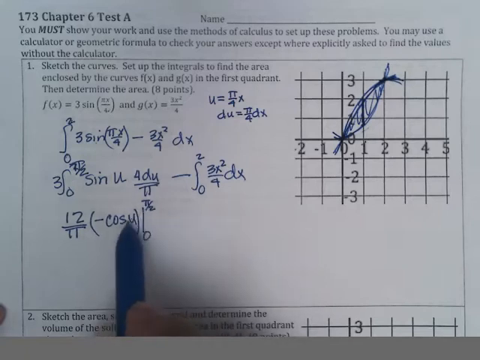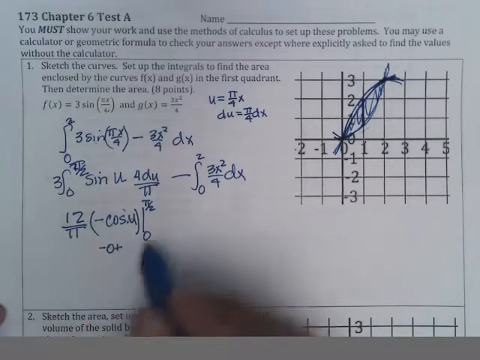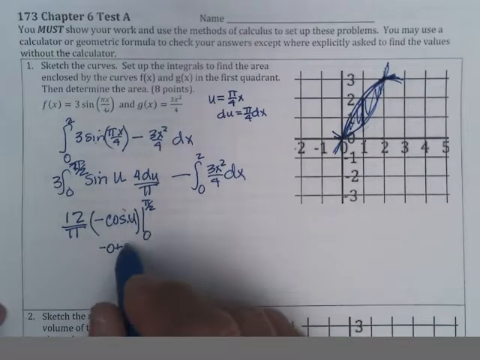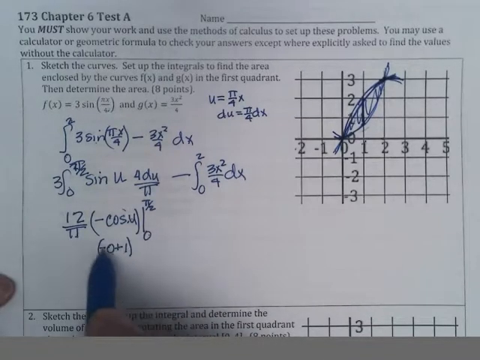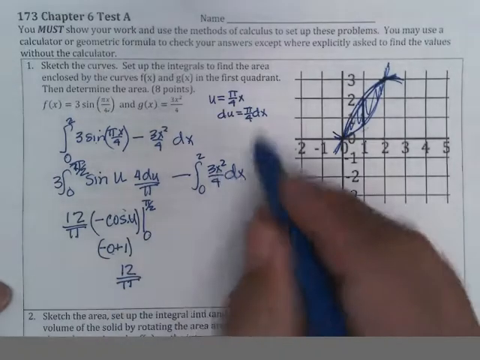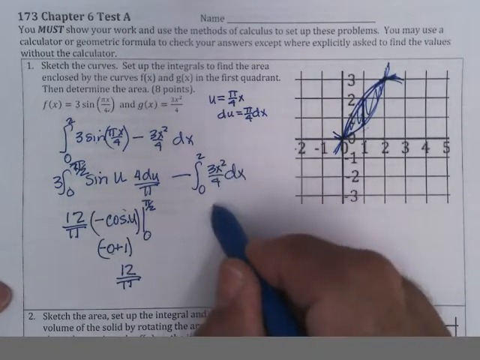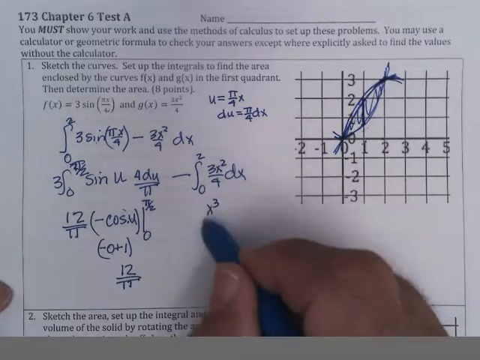Cosine of pi over 2 is 0, so we get minus 0, minus a minus, which is plus, and put in 0, we get 1. So I get 12 over pi times 1. And this, when I integrate it, becomes x to the third over 3 times 3/4, which becomes 1/4.